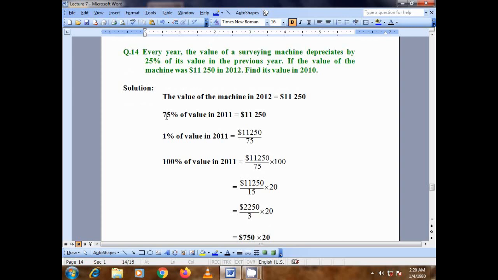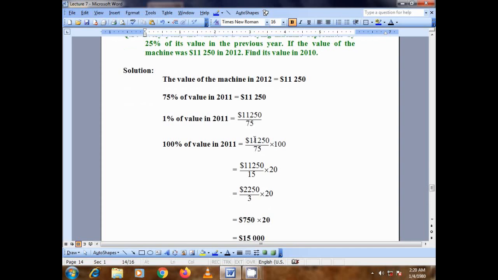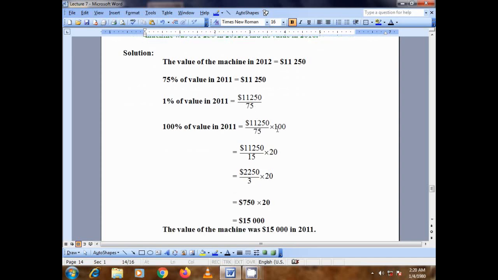After this step, the second step will be 1% of the value in 2011. We will divide 11,250 by 75, just as we have done before. And then in the third step, let's find 100% of the value in 2011. Simply we will multiply 100 by the fraction 11,250 divided by 75.